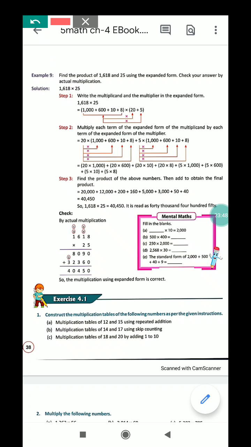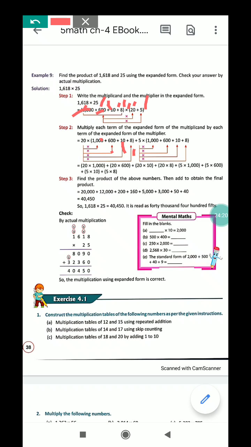Now in the second step what will we do? Multiply each term of the expanded form of the multiplicand by each term of the expanded form of the multiplier. That means all of this would be multiplied by this 20. How? So 20 into 1000, 20 into 600, 20 into 10, 20 into 8.